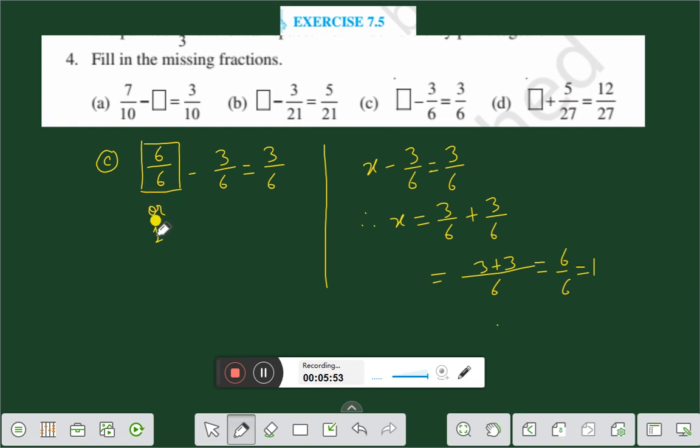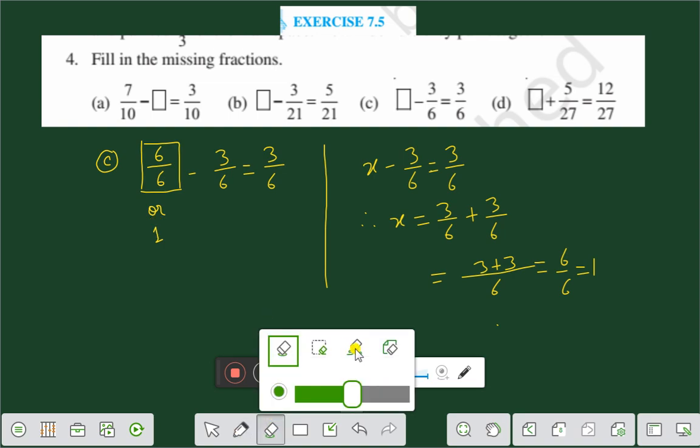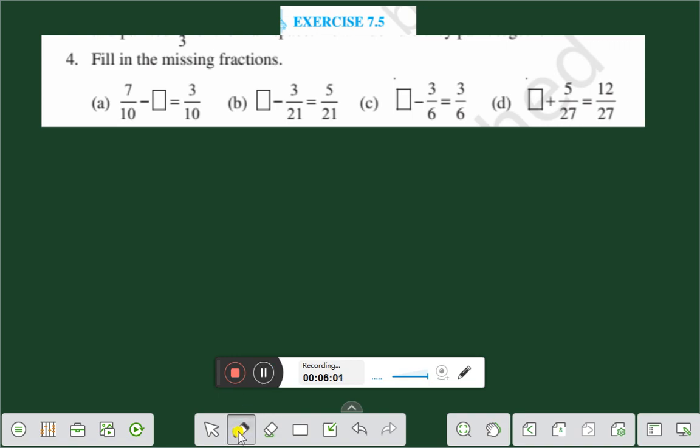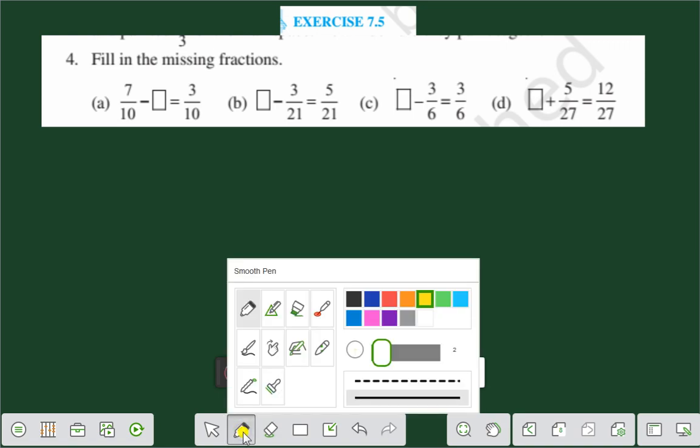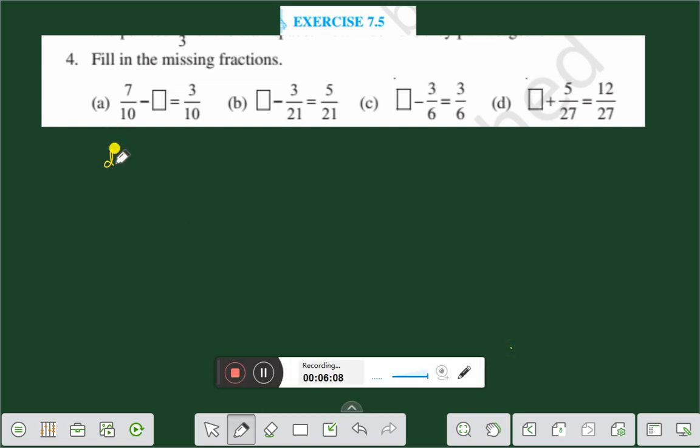Right? Next, we'll solve question number D. Question number D is dash plus 5 by 27 is equal to 12 by 27.